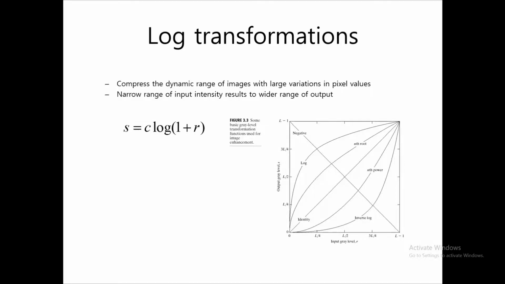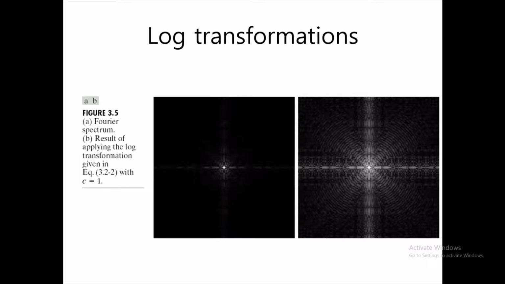We can see in this image, this is the Fourier spectrum, and the input image consists of lots of dark, and this dark part is not very visible in the input image. But when we perform the log transformation, the lower range pixel intensity information is more visible in the output image.